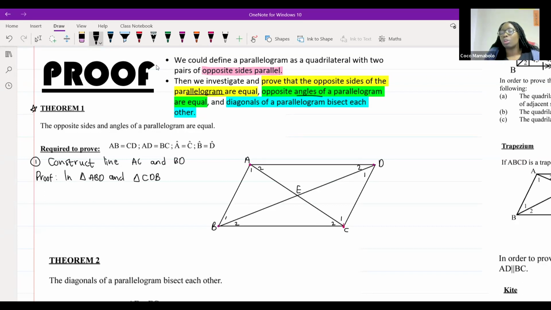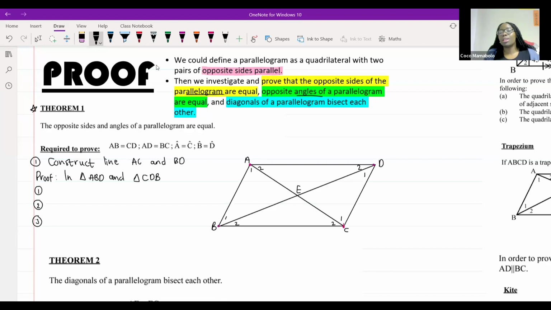I need to prove congruent triangles. How many reasons am I going to have to come up with, guys? 3, absolutely. It's always 3. We always need 3. 1, 2, 3.